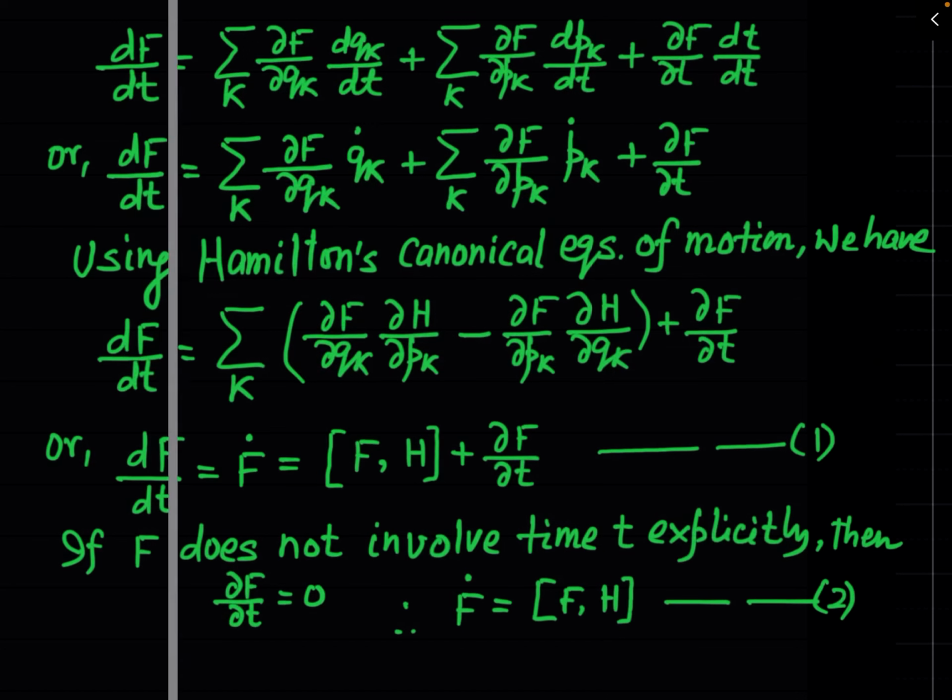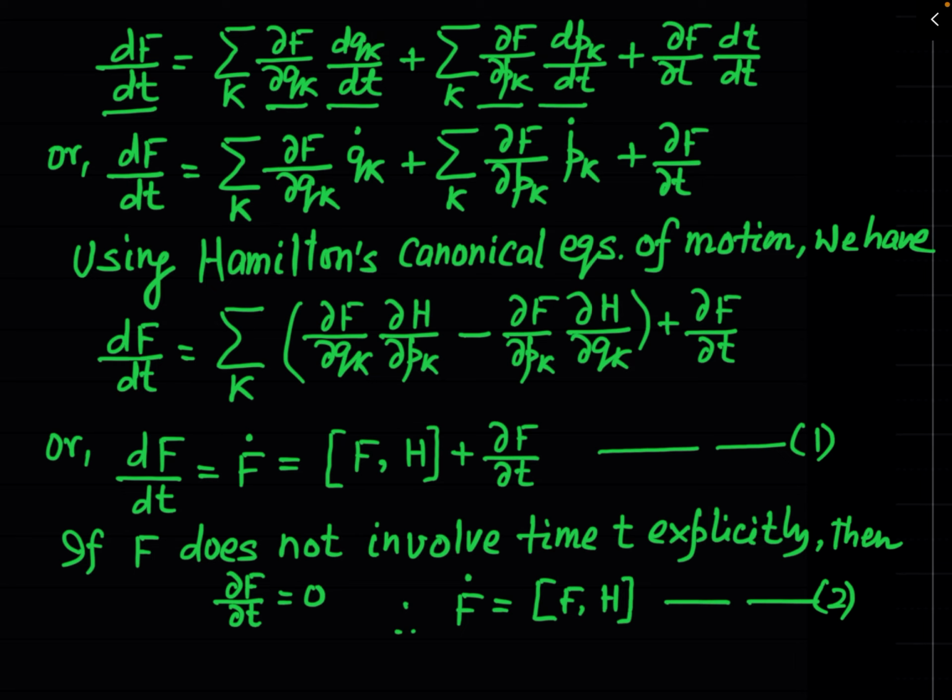In accordance with this rule, df by dt equals summation over k del f by del qk dqk by dt, plus summation over k del f by del pk dpk by dt, plus del f by del t dt by dt.